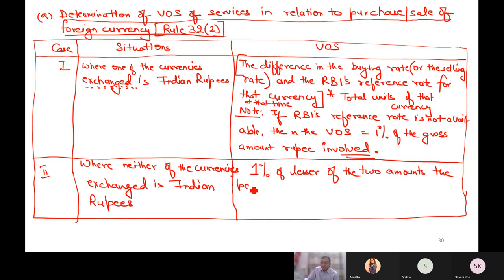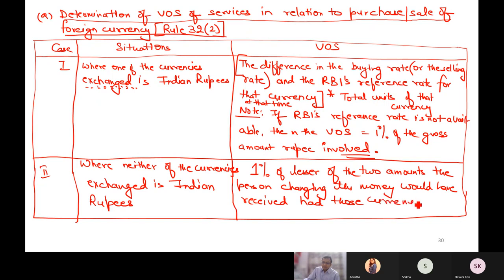the amounts the person changing the money would have received had those currencies been converted into Indian rupee on that date.